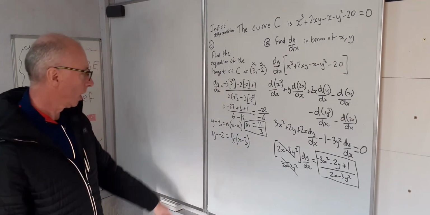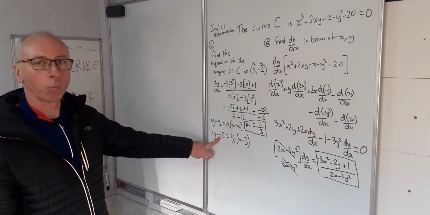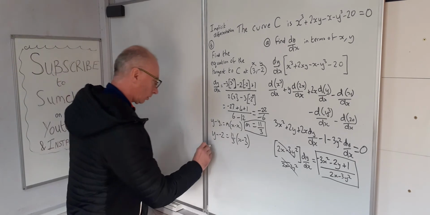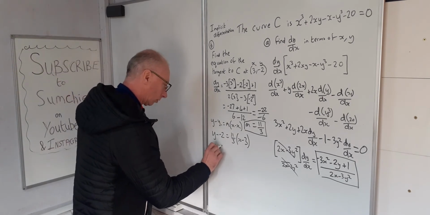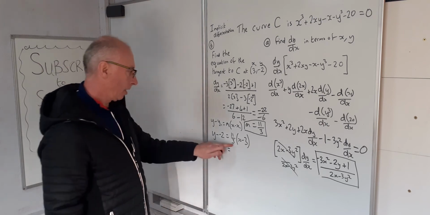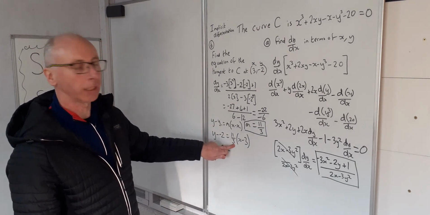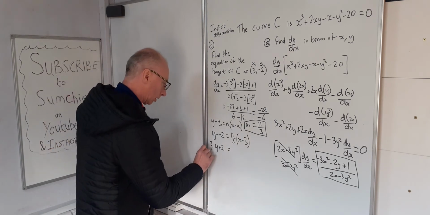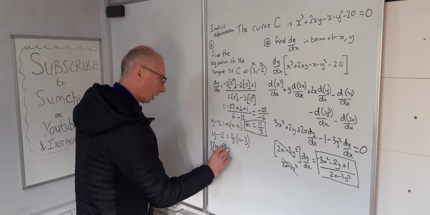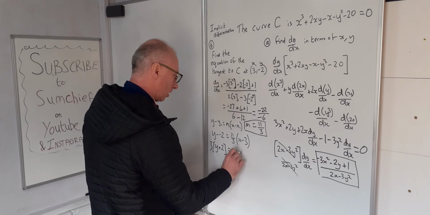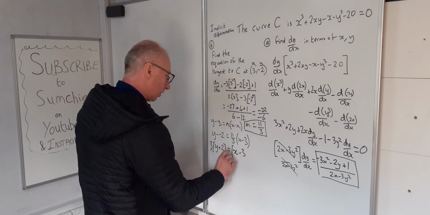So this becomes y plus 2. Then multiply both sides by 3 to get rid of the 3 on the denominator, which gives us 3 times y plus 2 equals 11 times x minus 3.